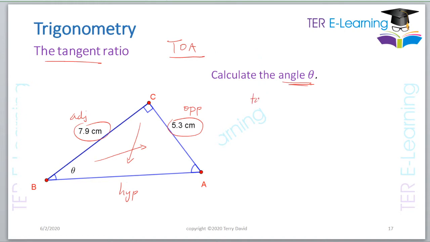So we start off by writing tan theta is opposite over adjacent. Keep in mind exactly how I'm writing out the solution here is what you are expected to write in the exam in order to get full marks. So pay attention to what I'm writing.